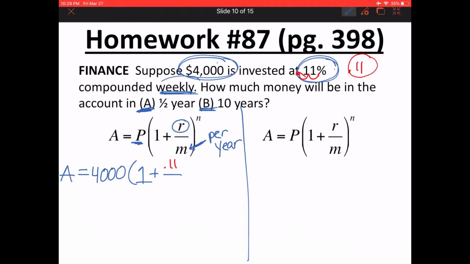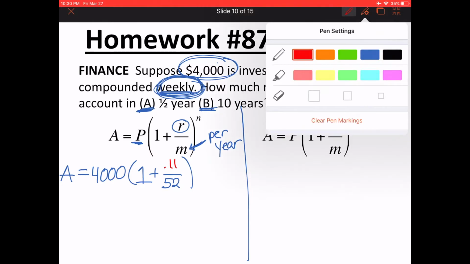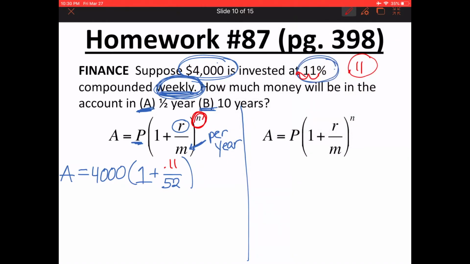So if I have compounded weekly, how many weeks are in a year? I have 52. So I'm going to put 52 here for M, because if I have compounded weekly, that would be once a week, so 52 times a year. For the letter N, this is where it gets tricky. N is the total compounds.